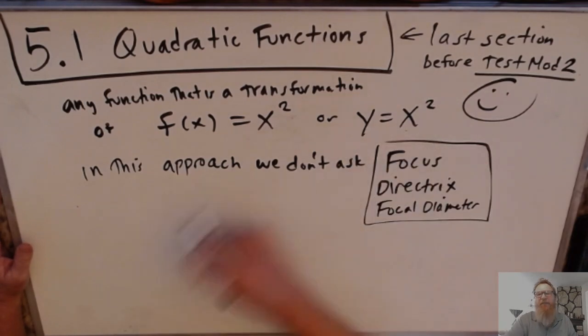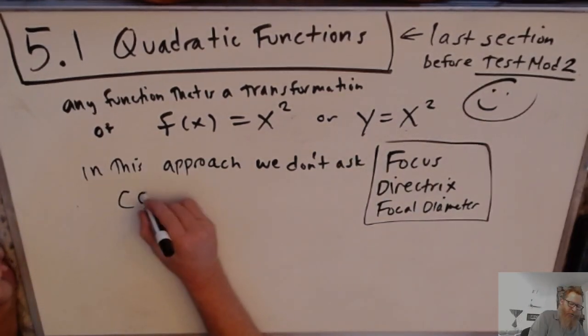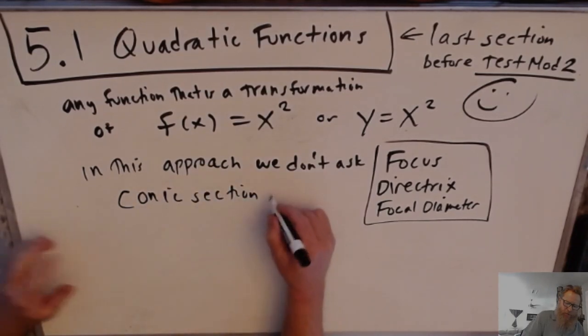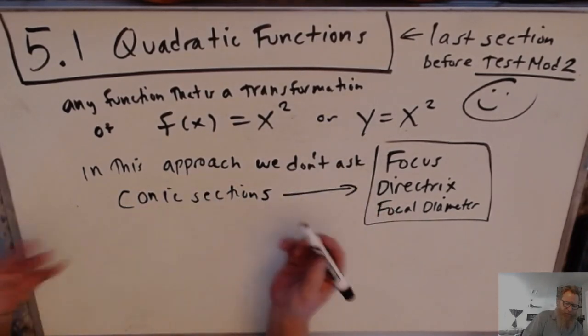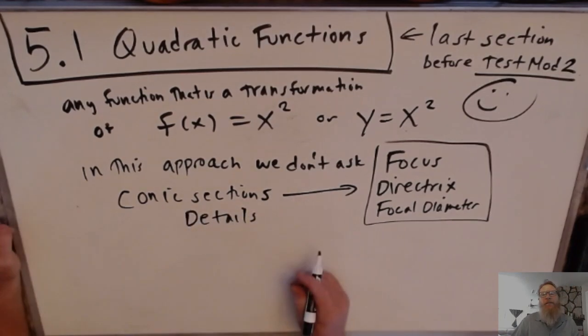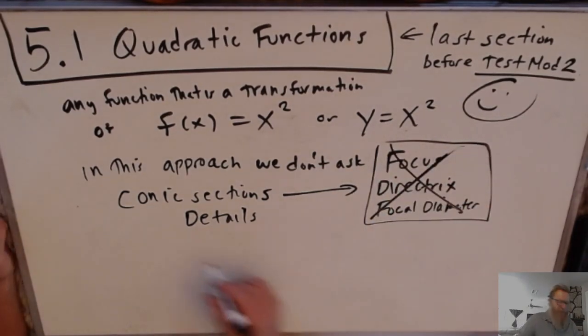We're not going to ask for any of these conic sections details covered in the previous chapter where we learned about the conic sections. Okay, so you'll be good to know that we're not going to be doing it that way.